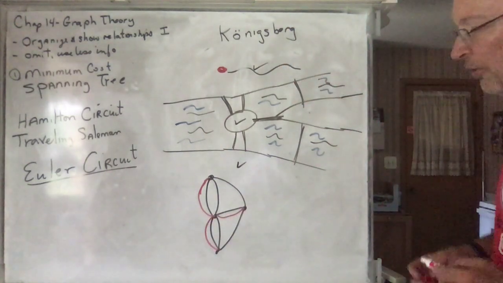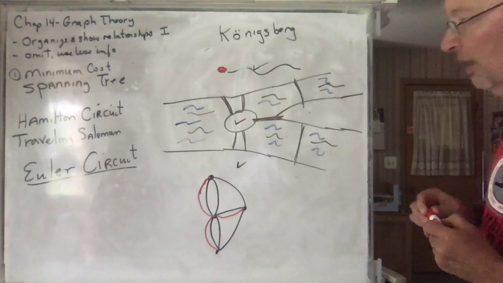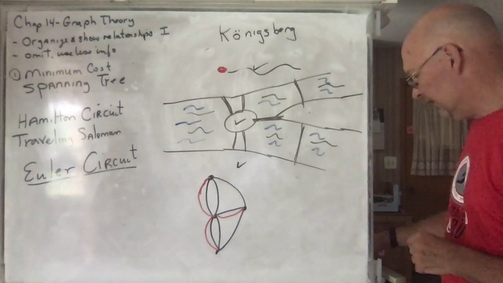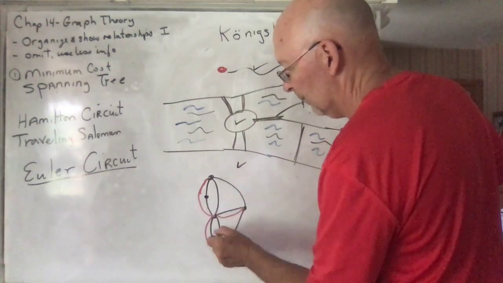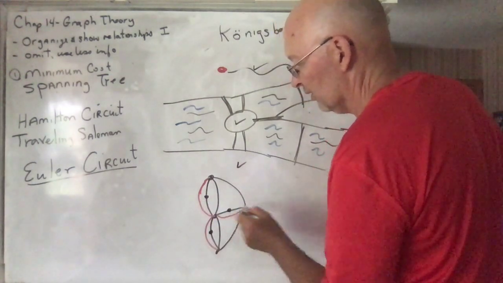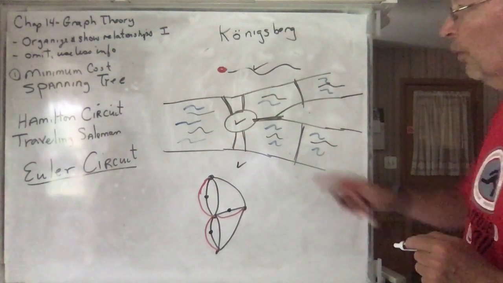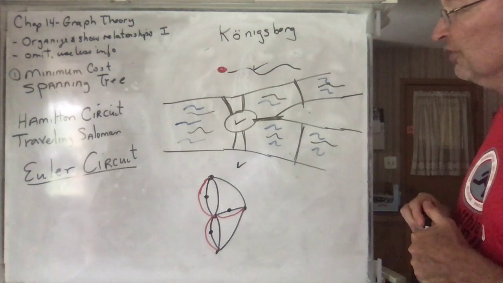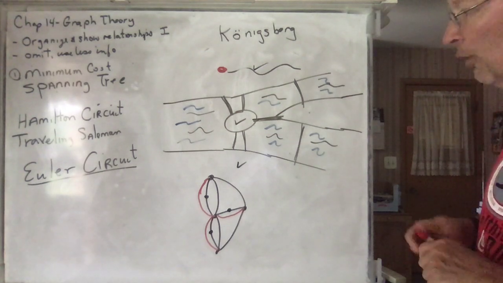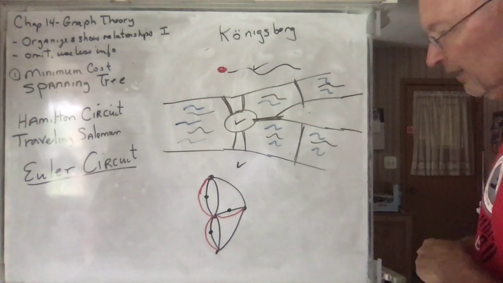I shouldn't say another bridge, but cross it another time. See that? So basically, I'm doing this one twice, and this one twice, and this one twice. You're going to have to cross 3 bridges twice in order to get back home, as long as you want to cross every bridge exactly once.